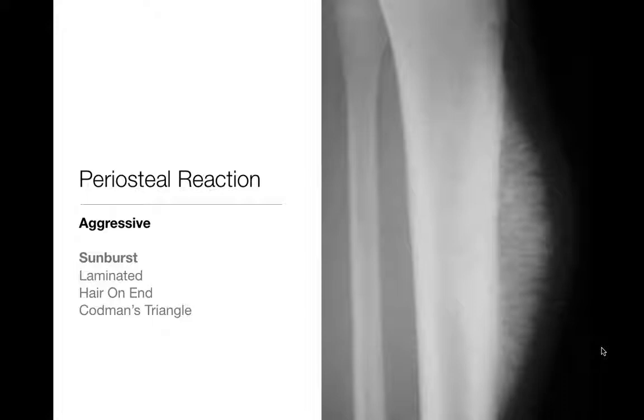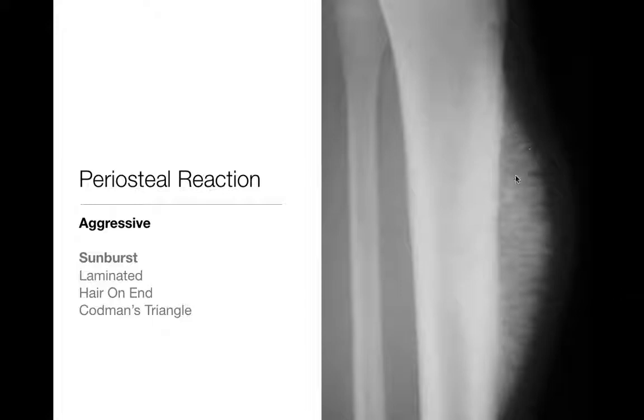So sunburst periosteal reaction is one of them. And this is an example of a sunburst periosteal reaction. We see these kind of spicules of bone, periosteum, which are radiating outward from the bone, kind of like the rays of a sun. And really this is the tumor underneath growing quickly, and the bone doesn't have a lot of time to lay down proper new periosteum.